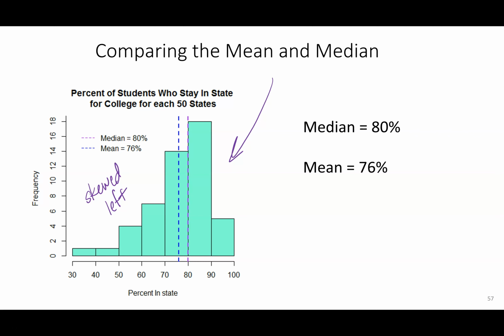If you look, this purple line here, that's our median. And this dotted blue line is our mean. It's skewed left, so the mean is pulled a little to the left. They aren't going to be equal to each other. Our median's 80%, our mean is a little lower, it's 76%.